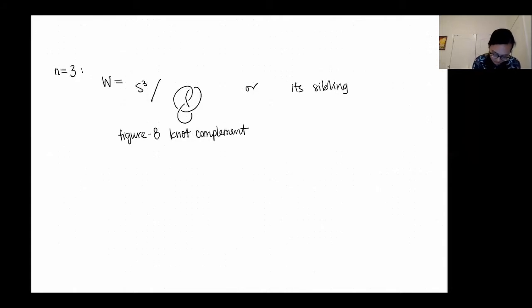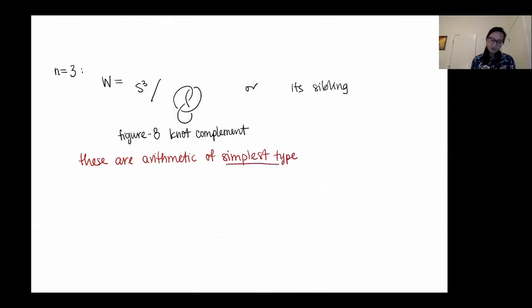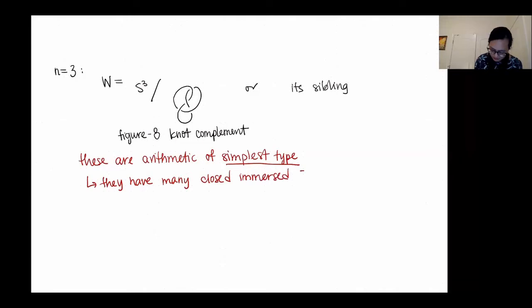But one thing that we do know about them is that these are arithmetic of simplest type, sometimes called standard type or type 1. What that means is that they have many closed, immersed, totally geodesic surfaces.